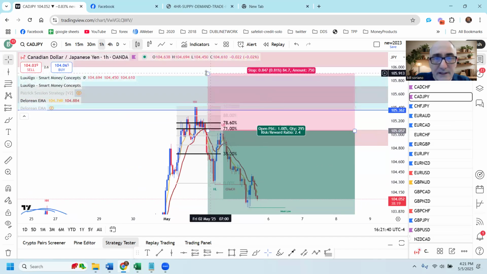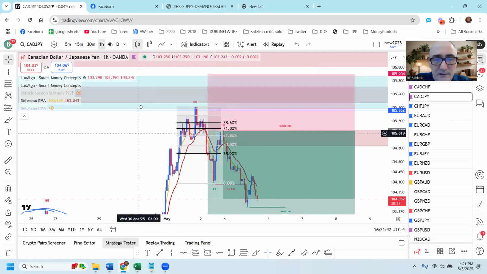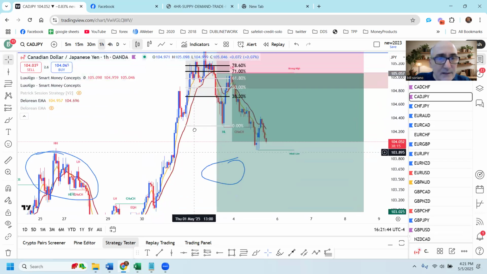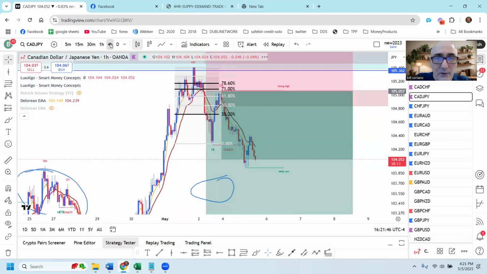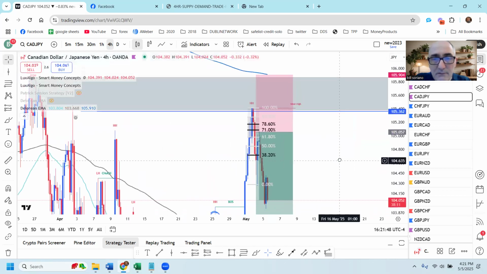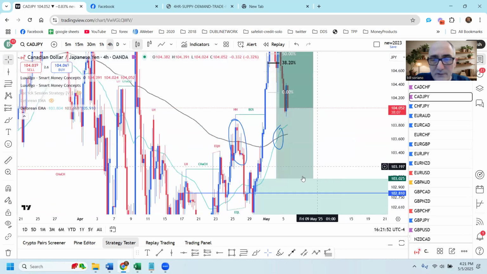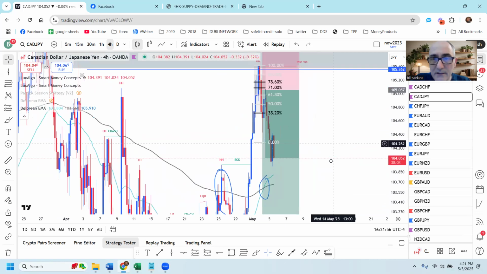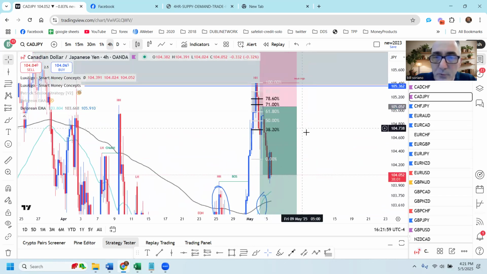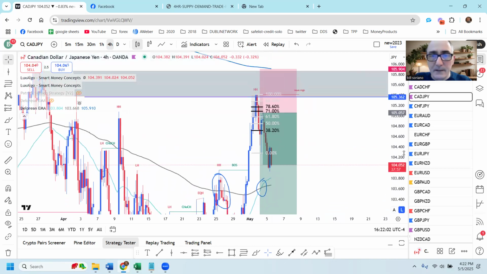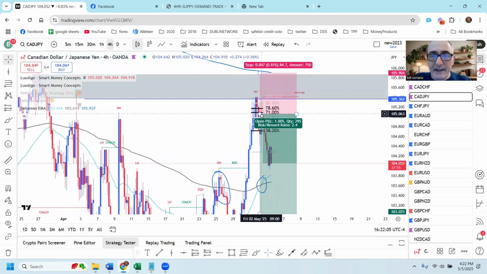We're going to use this area up here for our stop loss, right? And again, let's go to the 4 hour. We just go right above that supply zone for our stop loss. And then our next demand zone is down here. Okay. So this gives us a 1 to 2.4 risk to reward on our trade, right? And as we could see, price comes back to the 71 and then shoots down.